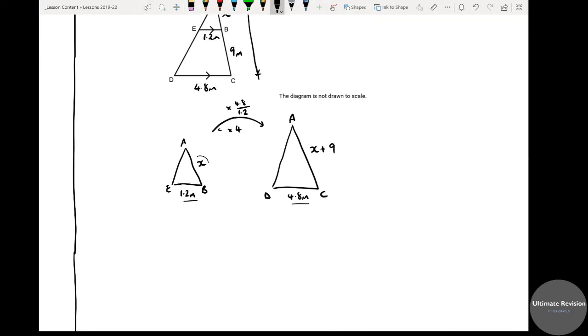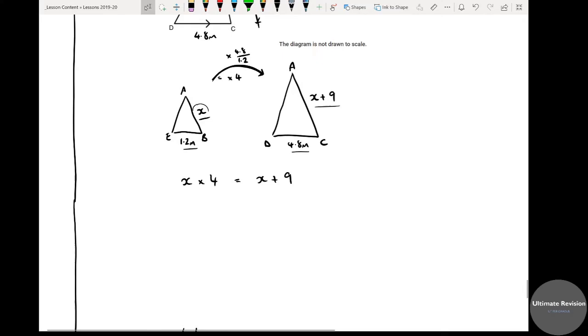It's the same as timesing it by 4, which is really helpful. So I start with x, and I use the pair of sides that has x in this time. So I do x, follow the arrow, times 4 will equal the corresponding side, x plus 9. Now I've got a simple equation I can set up. 4x equals x plus 9. If I minus x, 3x will equal 9.